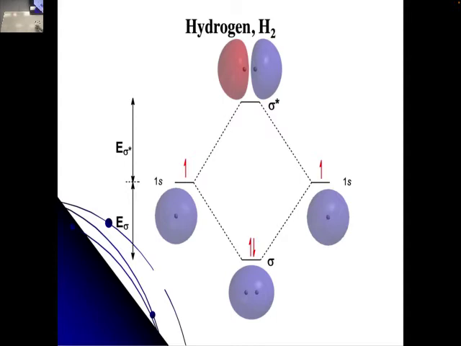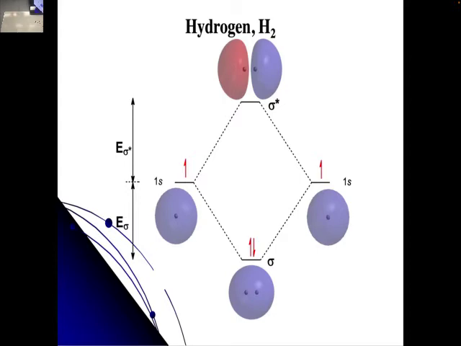And this is the simplest example, for hydrogen. I've got hydrogen with its 1 electron and another hydrogen with its electron coming together to form H2. This is the molecular orbital diagram for that. Here we have hydrogen. It has 1 electron in this 1s orbital. The other hydrogen has 1 electron in its 1s orbital. And when they come together, they form 2 new so-called molecular orbitals, and both electrons go into the lowest orbital.